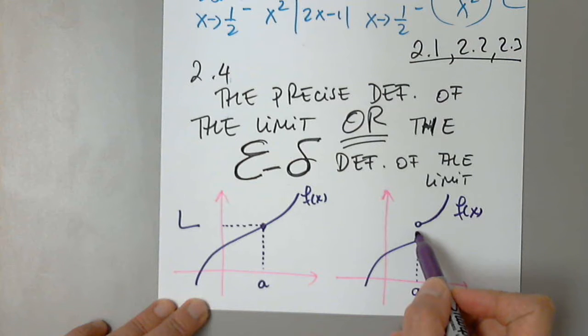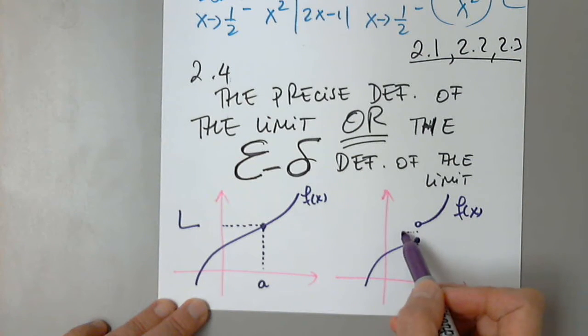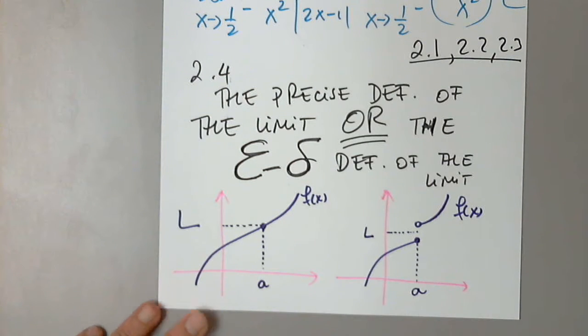And let's say this is L. Can anyone tell us the difference between these two situations? One limit exists from either side, obviously, it's L. And the other one, the limit from the other side of A does not exist. Awesome, very good.